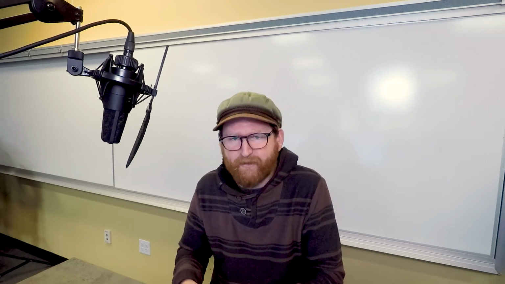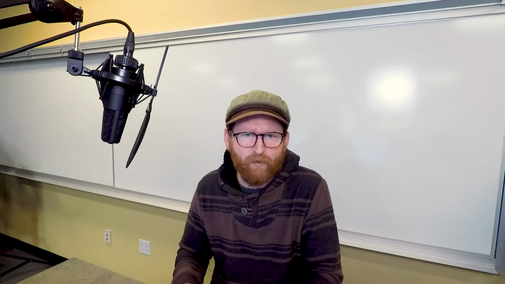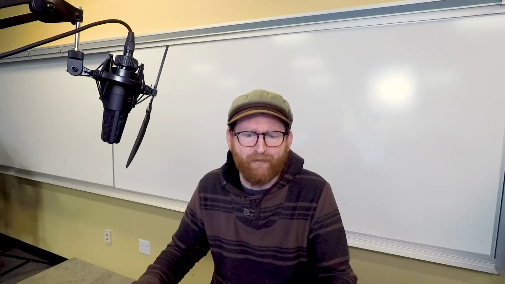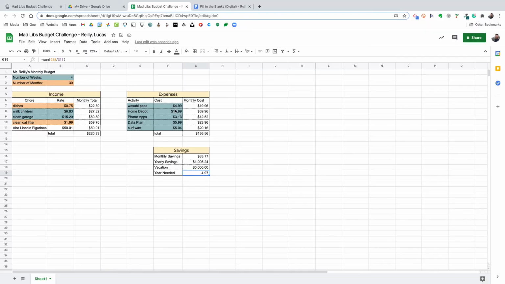Now, hopefully there's two major takeaways for you in this activity. The first one is the value of spreadsheets. You can take this kind of convoluted amount of information and data, organize it, categorize it, and use the formulas to do the math for you. And it'll do so in real time. Let's just take a brief moment and change one number.